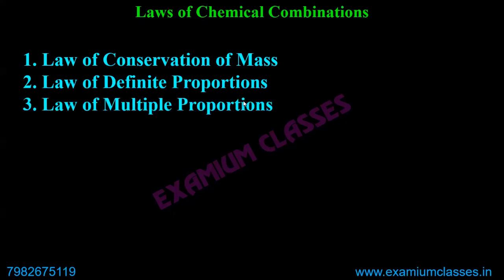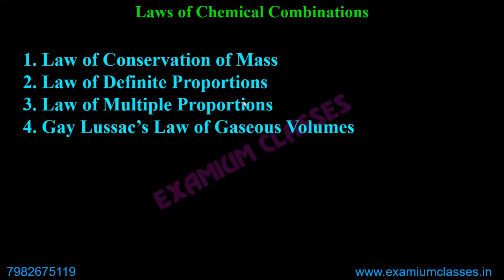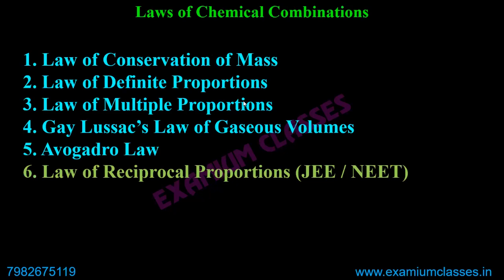This is the one from where most of the questions will appear. Fourth one, Gay-Lussac's law of gaseous volumes. And the fifth one, Avogadro law. The one which is specifically for JEE and NEET is law of reciprocal proportion. And it is not there in NCERT also. So you won't find it in NCERT, but this is in syllabus of JEE and NEET.